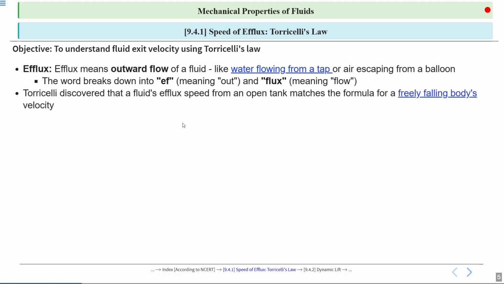Now let's look at what Torricelli discovered. He found that the speed at which a fluid exits an open tank is the same as the speed a body would have if it fell freely from the same height as the fluid level above the opening.